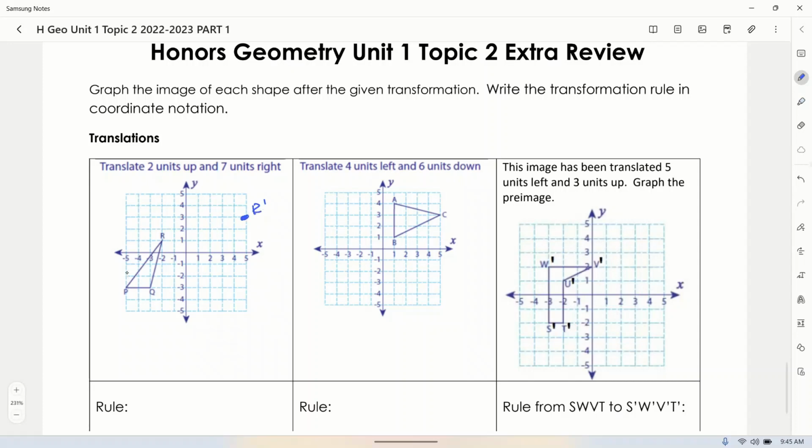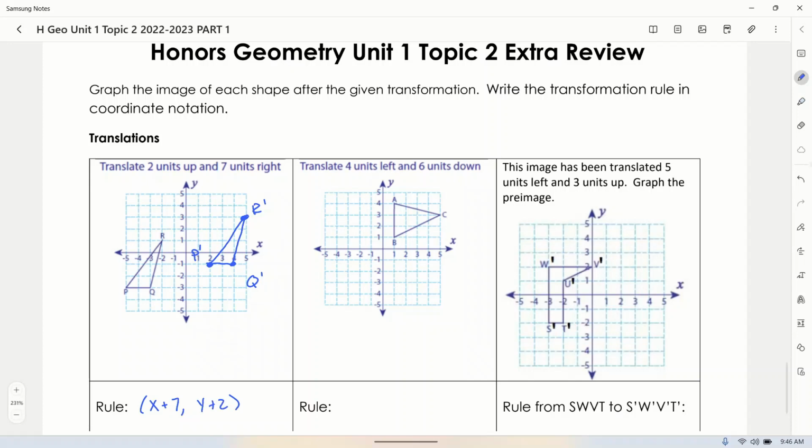Here we're going to take P and go up 2 and right 7. And Q should just be a little bit further over there. So what happened here? We went to the right 7 and up 2. We should start to feel a little bit more comfortable there.